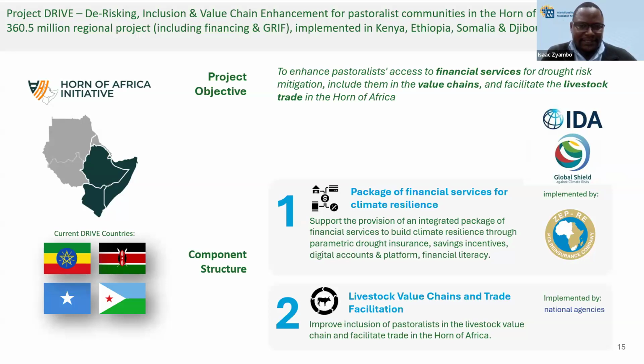So what this project does or has done is that it brings together various stakeholders, and actually this is a good example of what needs to be put in place for some of these products to be underwritten. Unlike your traditional agri insurance, where it's just you and the commercial farmer, unfortunately, most of the clients or policyholders in parametric insurance, if it's agriculture you're talking about, would be your smallholder farmers.